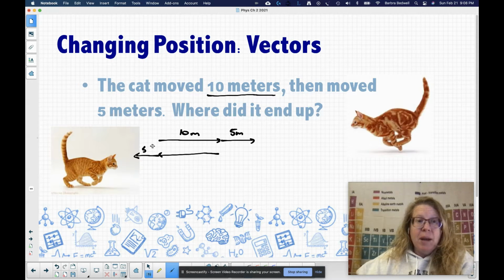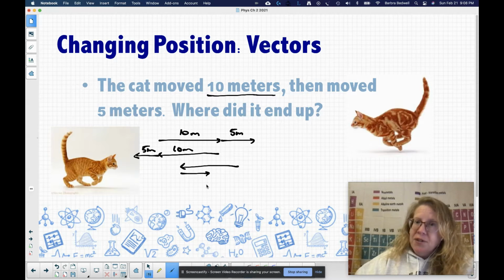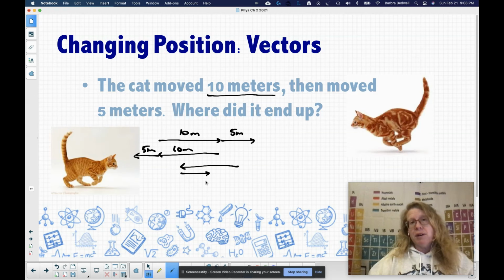And then it would have ended up literally in a different spot. Third possibility, could have gone 10 meters, and then it could have gone 5 meters. Very different direction. Now, the distances are exactly the same in every one of these. It's gone 10 meters, and then it's gone 5 meters. What's different is the direction.